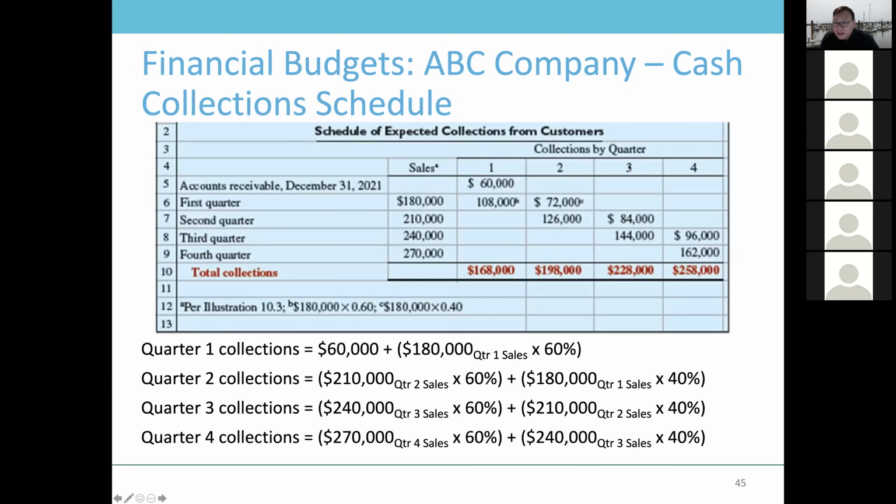So same idea, quarter three, you are collecting 60% of the quarter three sales, 240,000 times 60%. So that's 144,000, and the remaining is collected in quarter four. Okay, the same idea, right? Then you add all this cash together, you figure out the amount of cash collected in the red color numbers for each quarter.